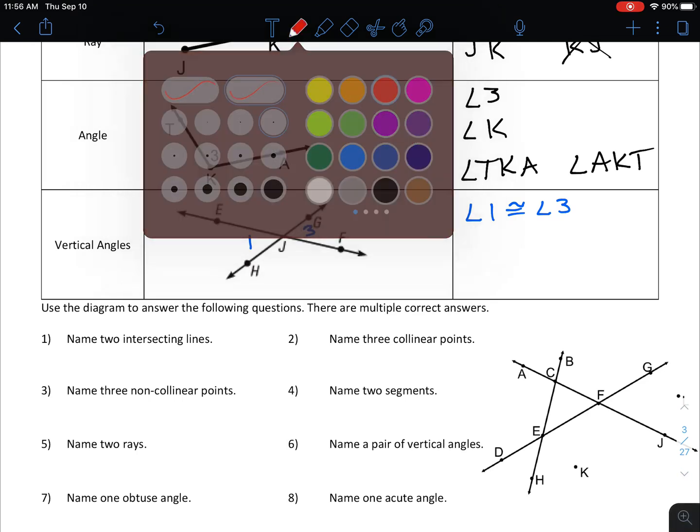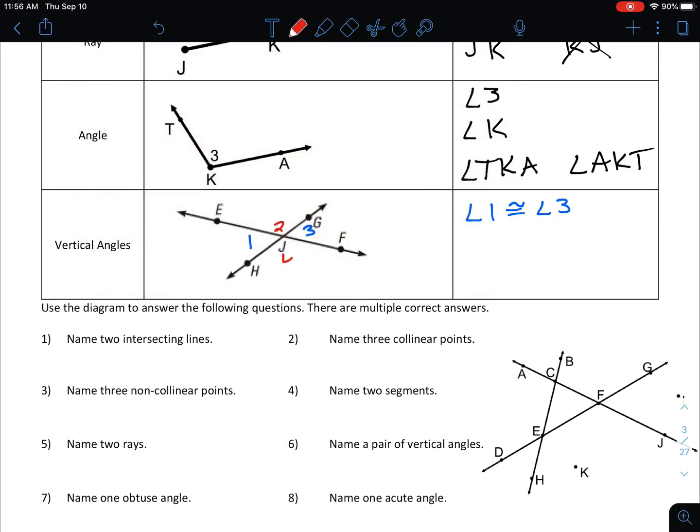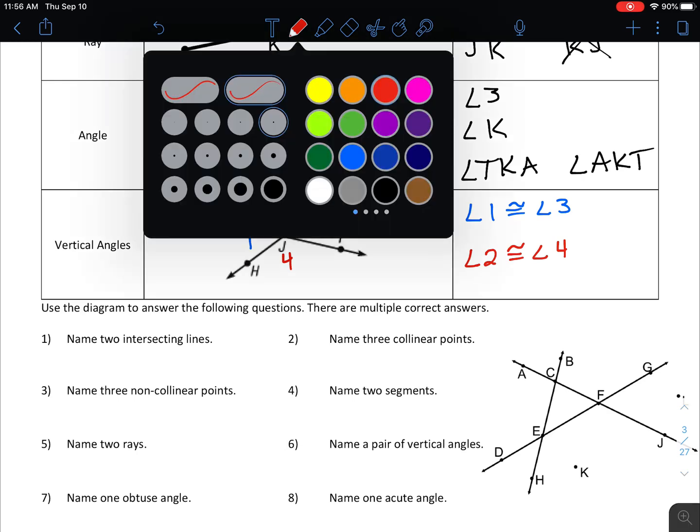We could also do that for another pair of angles. So we could say angles 2 and 4 are also congruent. Congruent in this case also means that the angle measure is the same. So the measure of angle 1 is equal to the measure of angle 3, and the measure of angle 2 is equal to the measure of angle 4.